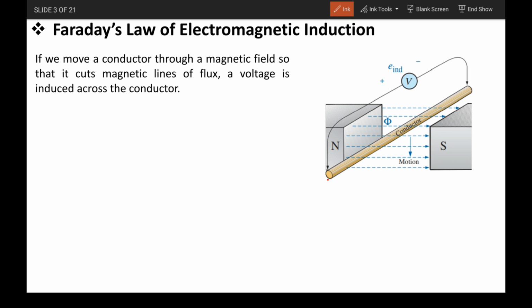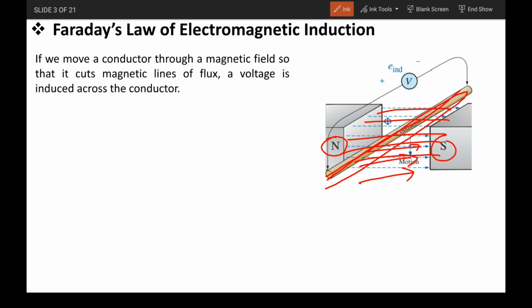Faraday's laws of electromagnetic induction state that whenever a conductor is placed in a magnetic field, and there is a relative motion between the magnetic field, from north pole to south pole, and the conductor, a voltage will be induced across the conductor.